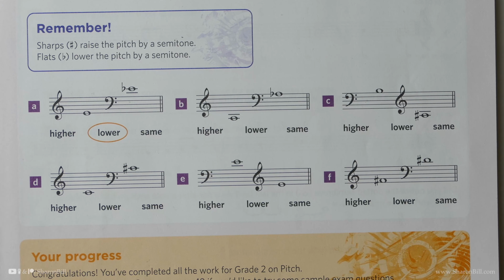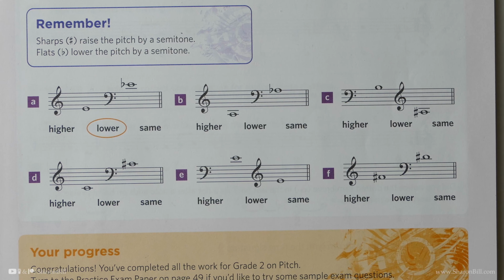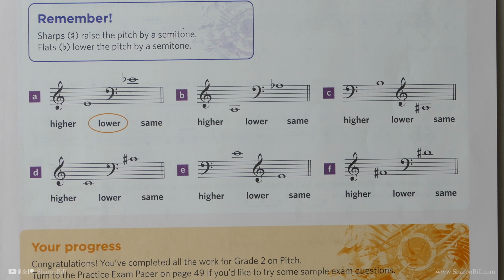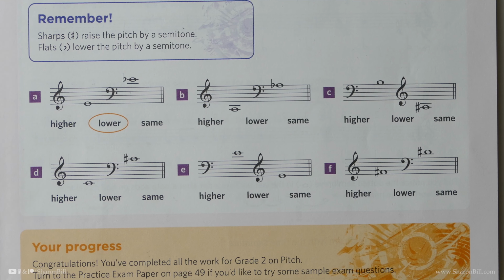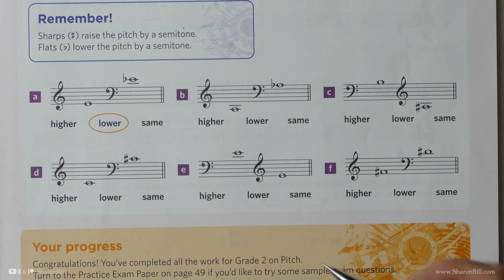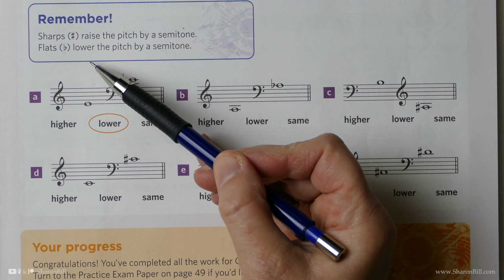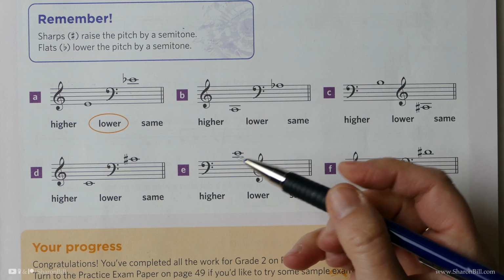And then we get a little bit of an exercise in comparing notes between the clefs. We've got to think, what note is it? Is it higher, is it lower, or is it the same pitch? Do remember as well that sharps will raise a note by a semitone and flats will lower a note by a semitone.